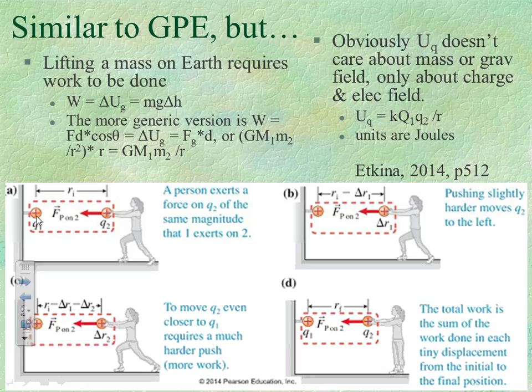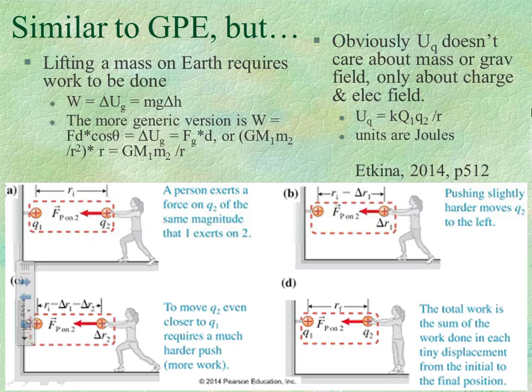We start off with a particular distance r, and we bring it closer and closer, and we can see what the change in r is, and what the increase in electrical potential is. The closer you get these two positively charged objects together, the more work has to be done. Or I should word that differently: you have to do more work in order to get these objects closer together. I guess I should have said the more work has been done getting them together.